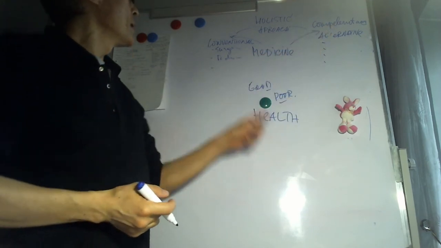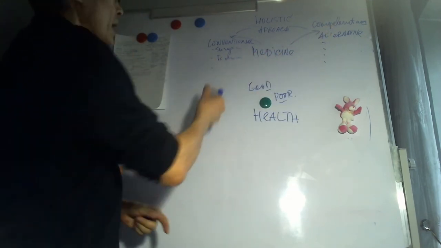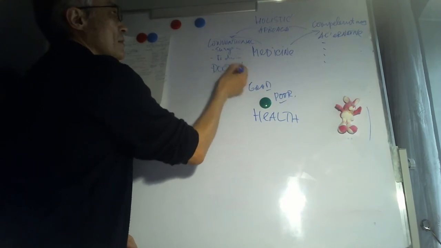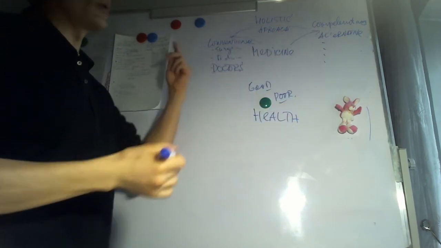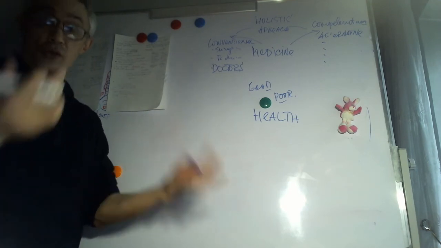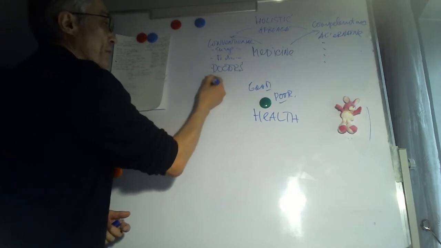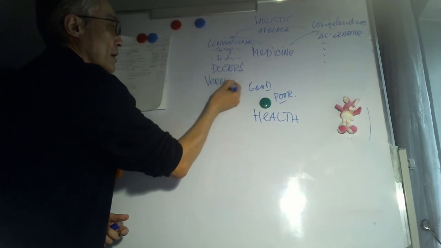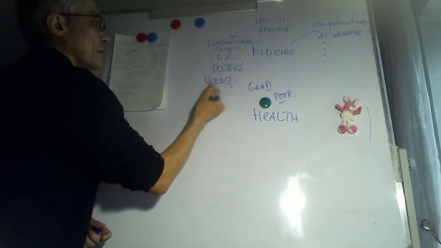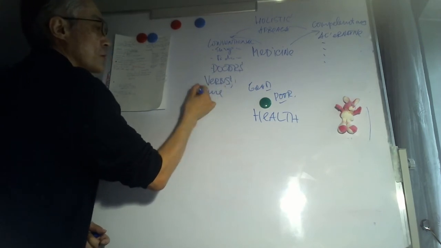So here you have conventional, and then you talk about doctors. In both cases, conventional and alternative medicine, you have specialists, doctors who deal with that. What do these doctors do? And then you deal with the list of verbs. Doctors, they what? They cure. To cure.